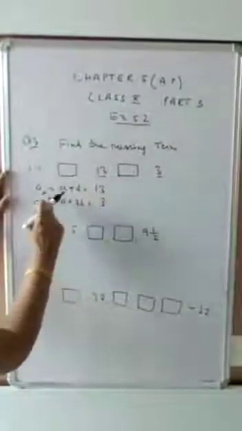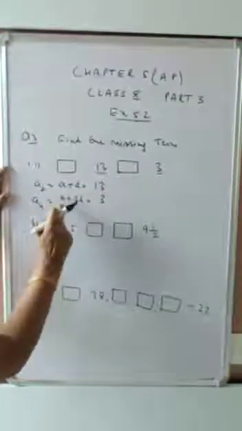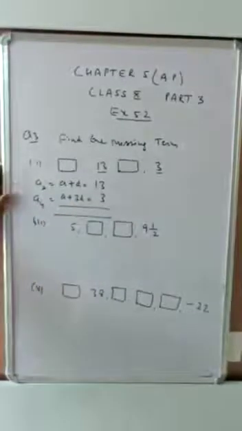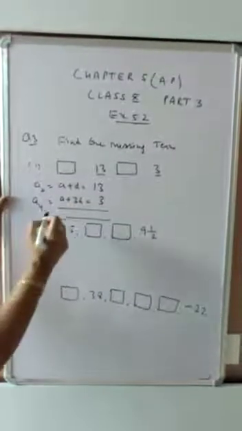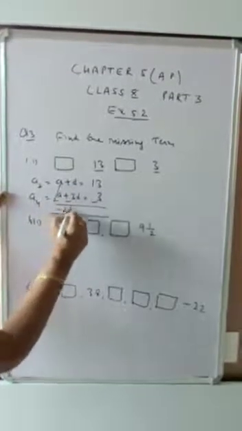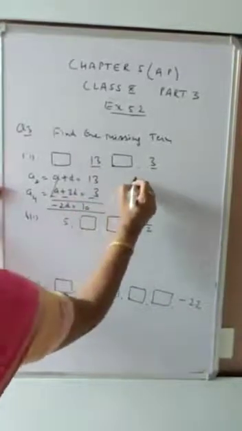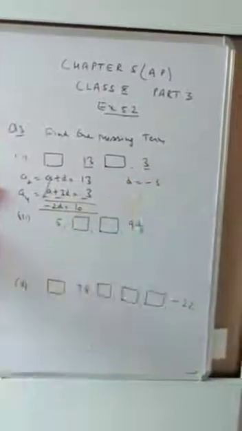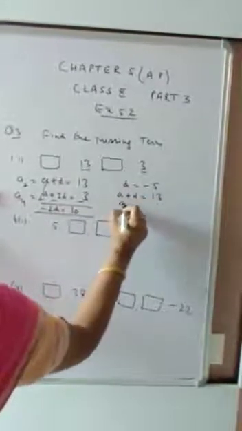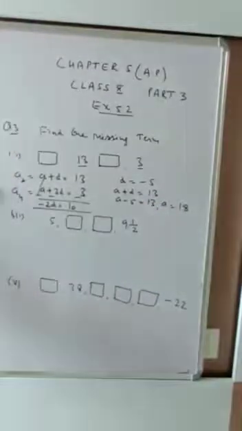Second term a2 is written as a plus d. This is 13. Fourth term a plus 3d. It is 3. If we use the elimination method as we did in chapter 3, a is cancelled, minus 2d is 13 minus 3, 10, d is minus 5, and a plus d is 13, a minus 5 is 13, a is 18.